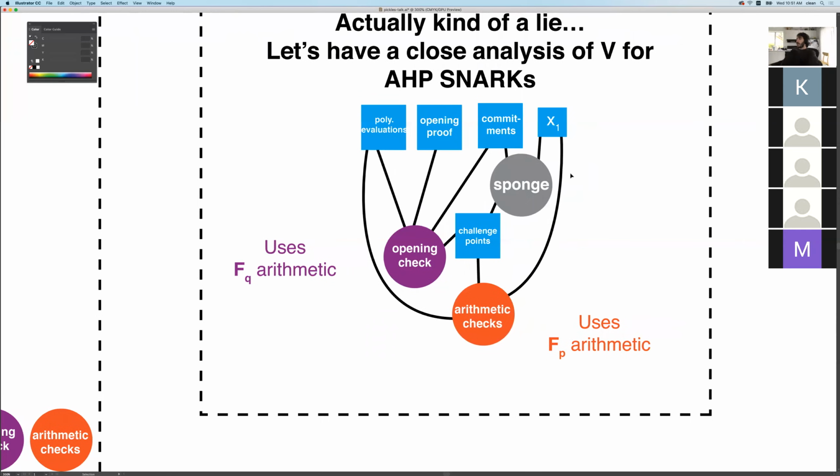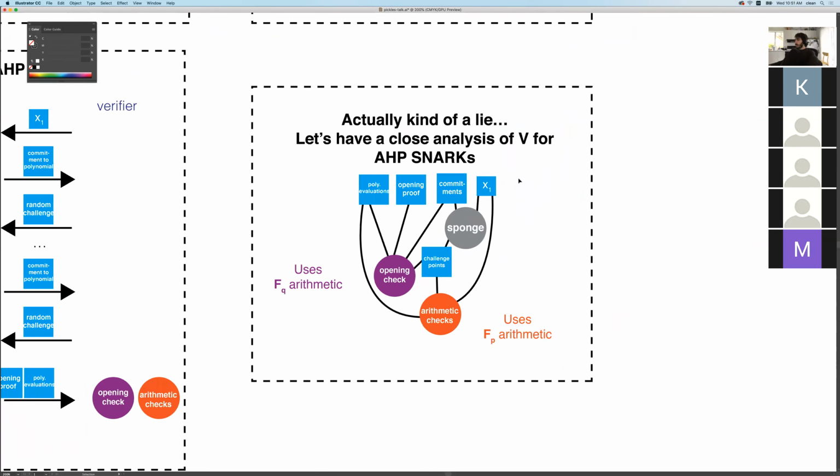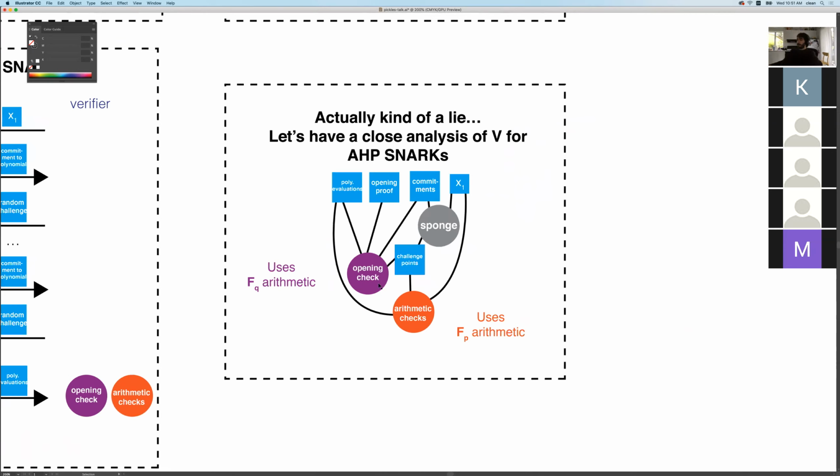So here we will be in a little bit of a pickle, because this verifier uses two fields for performing its arithmetic. The opening check will perform arithmetic in some field F_q, and the arithmetic checks will perform arithmetic in some unrelated field F_p.